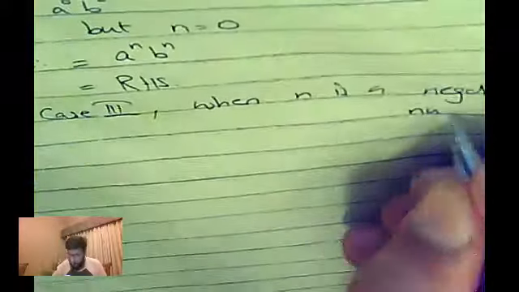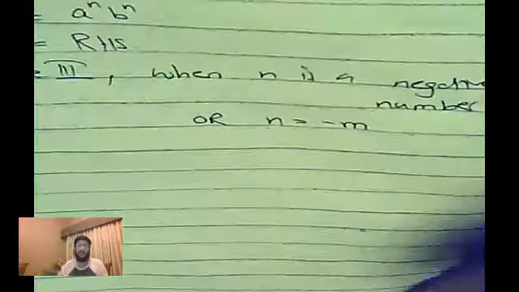Now case 3, which is when n is a negative number. Or we can write this as n equals minus m, like m is the positive number times minus 1.